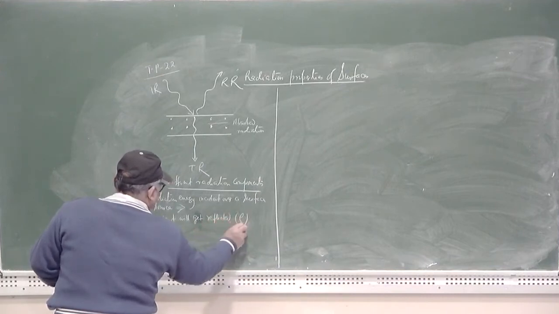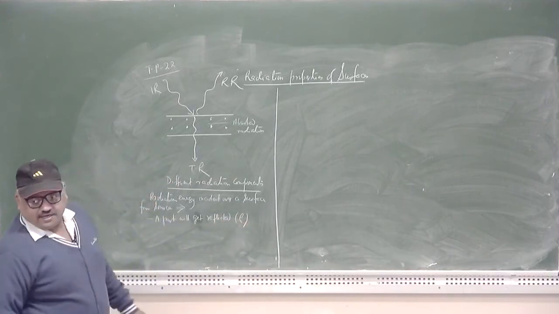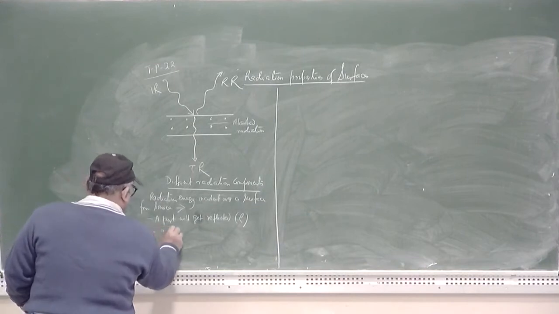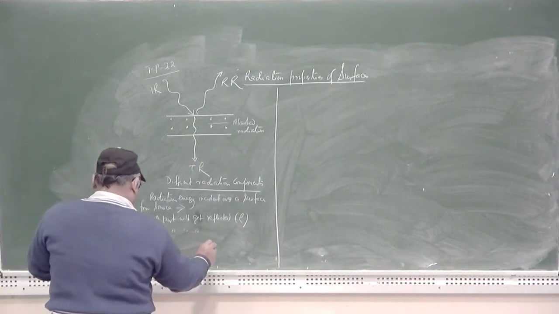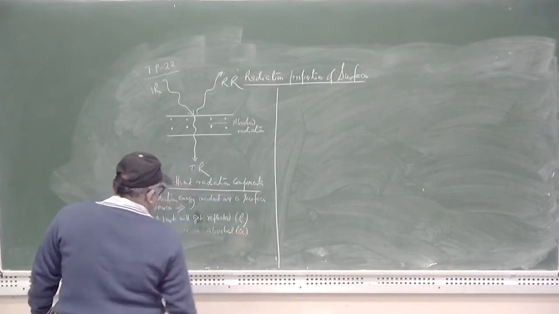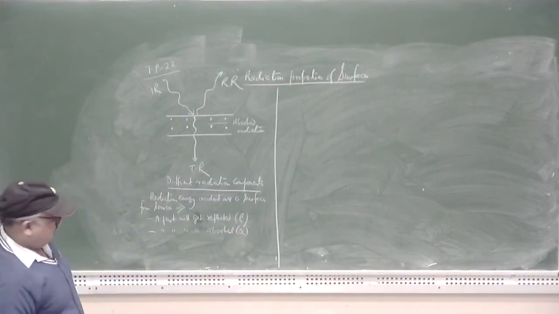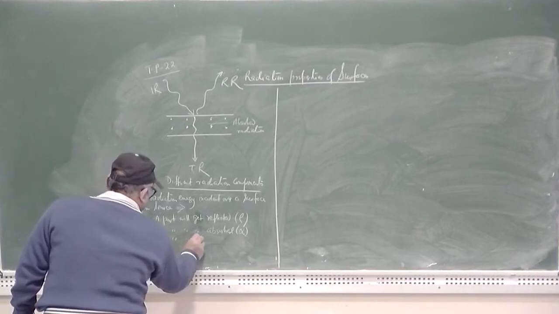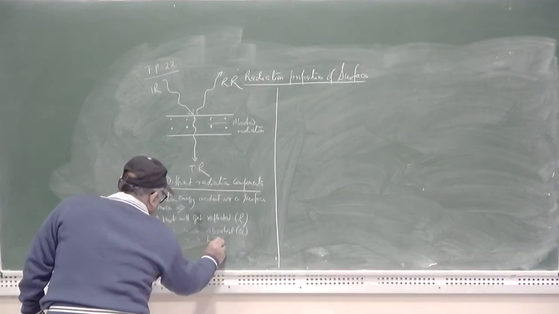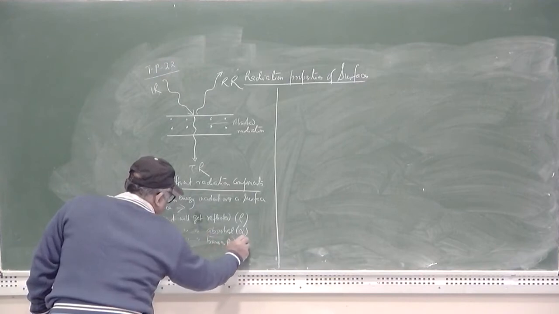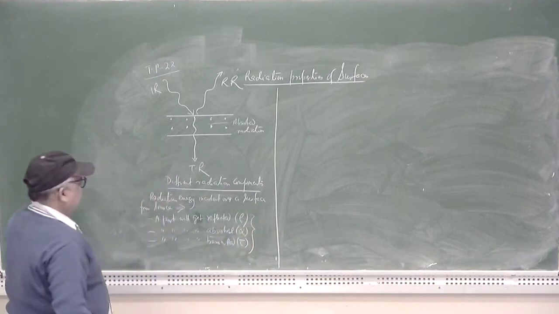This is denoted by the Greek letter rho. A part will get absorbed, and this is denoted by the letter alpha, which is called the absorptivity, and a part will get transmitted. This is denoted by the Greek letter tau.